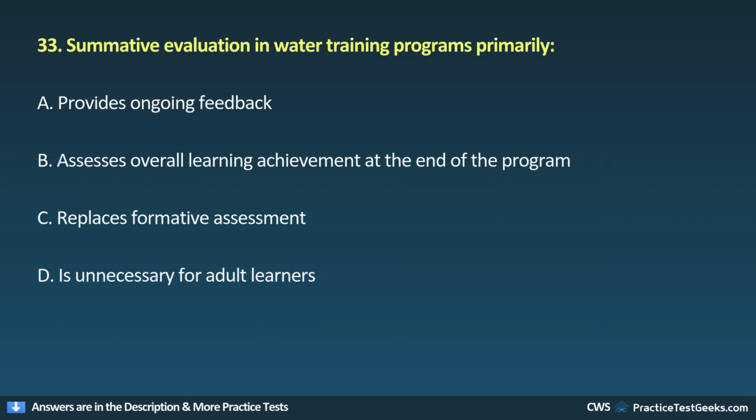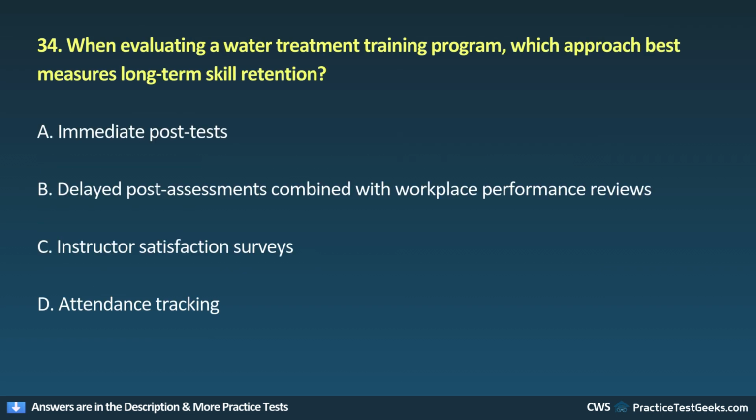33. Summative evaluation in water training programs primarily A. Provides ongoing feedback. B. Assesses overall learning achievement at the end of the program. C. Replaces formative assessment. D. Is unnecessary for adult learners. 34. When evaluating a water treatment training program, which approach best measures long-term skill retention?